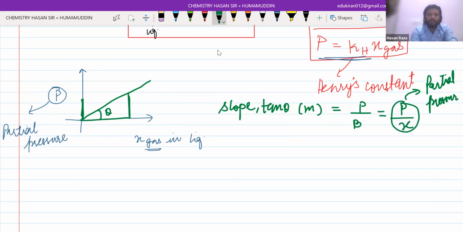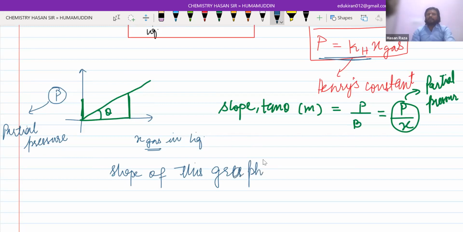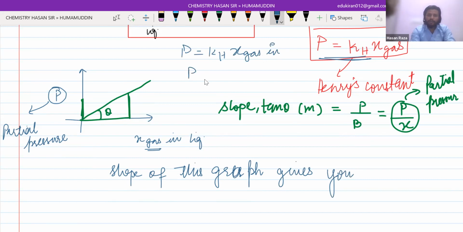So always remember that the slope of this graph, the graph between partial pressure versus mole fraction of gas in liquid, gives you P by X. If you have P is equal to KH, Henry's constant, into mole fraction of gas in liquid, then P by mole fraction of gas will be equal to KH. That means the slope of this graph will give you Henry's constant.